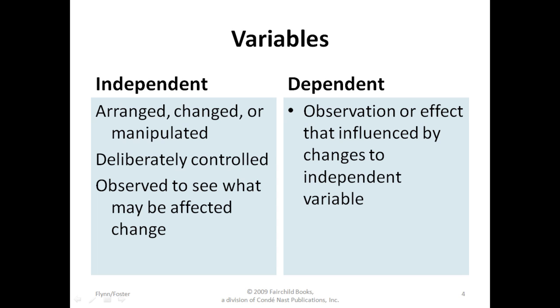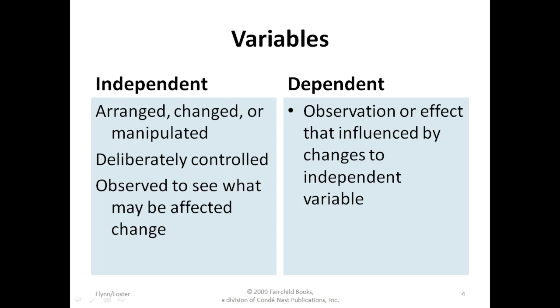An example of looking at independent and dependent variables: we're looking at making caramel popcorn. If we look at what we can change, the independent variables would be our ingredients. So we have salt, sugar, brown sugar, and popcorn.